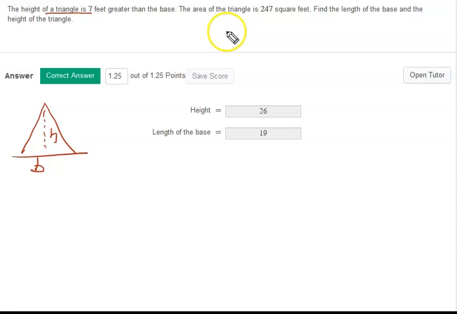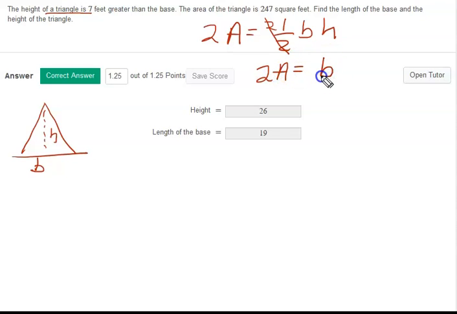The formula for a triangle is area equals 1/2 the base times the height. If we get rid of the fractions, multiplying both sides by 2, we get 2a equals the base times the height.